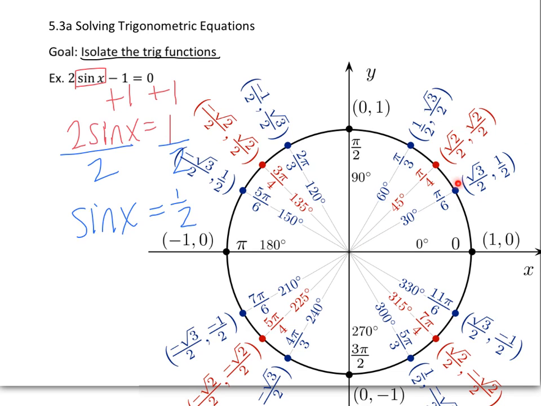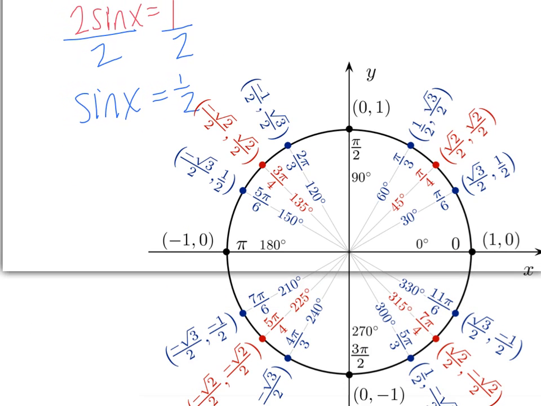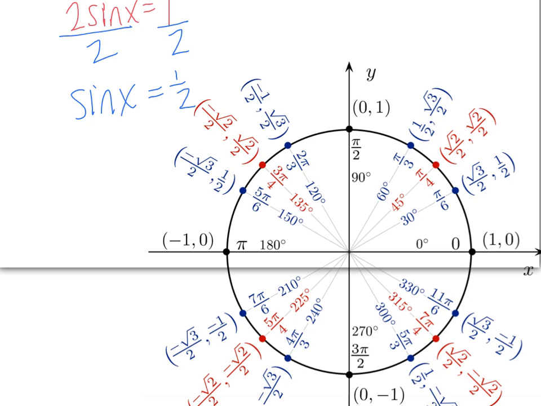Does that happen anywhere else going around the circle? Okay, it happens at pi over 6 and at 5 pi over 6.